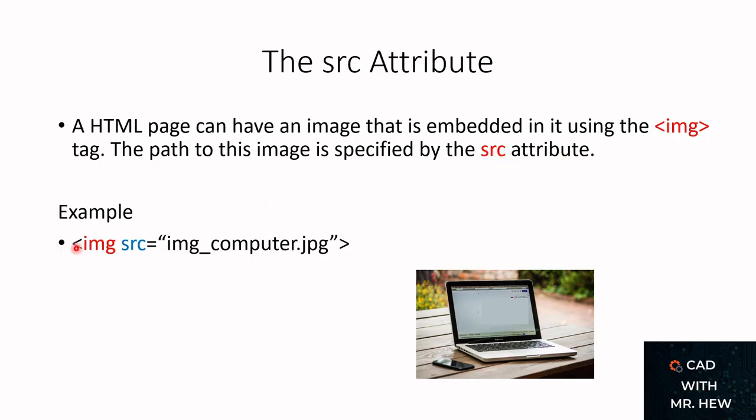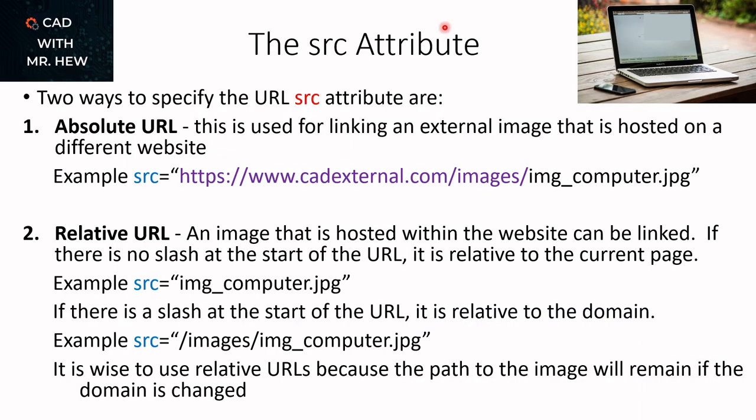For example, here we have the left angle bracket, img, space, src is equal to open quotation img underscore computer dot jpg close quotation, right angle bracket. So this is how we'll be able to specify our images using the SRC attribute.